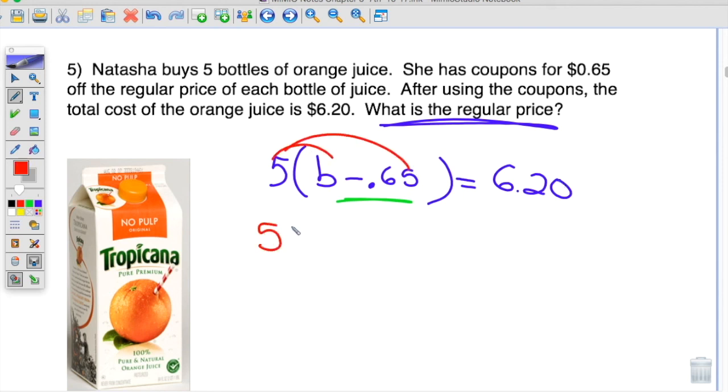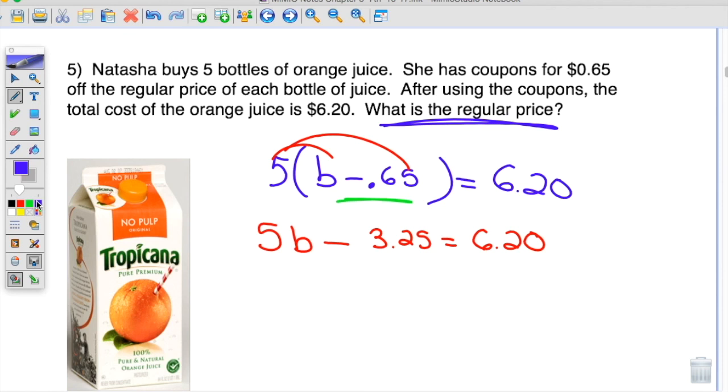So now it's 5 times your number of bottles minus, we don't have to change it to adding the opposite yet because we're dealing with all positives, and then 5 times 65 cents gives us $3.25 is equal to the total. The $3.25 is the savings of the 65 cents for the 5 bottles.